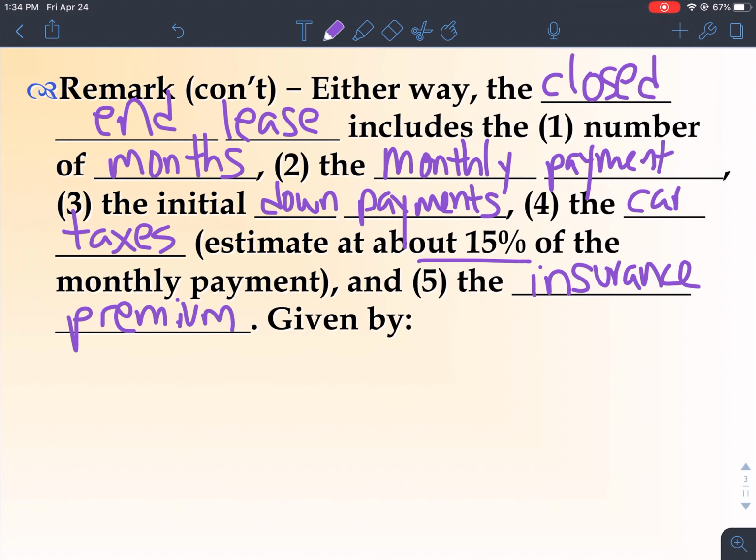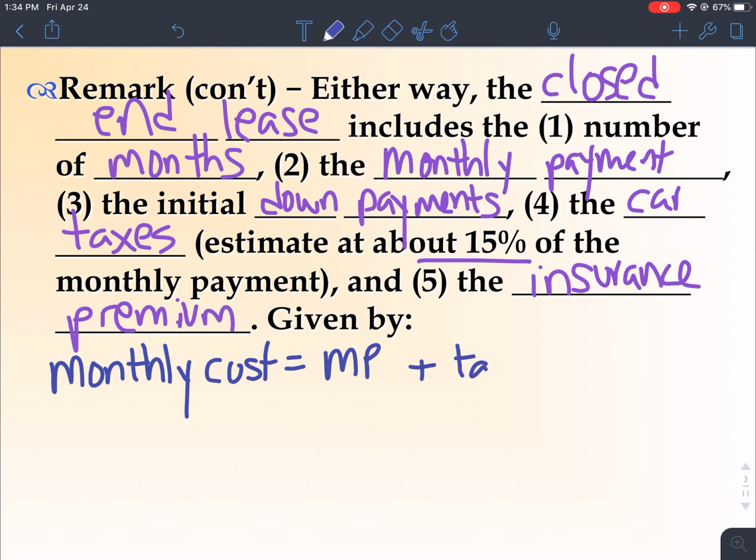So all told, the monthly cost will be the monthly payment plus taxes plus insurance. Those are things you are going to pay every single month.